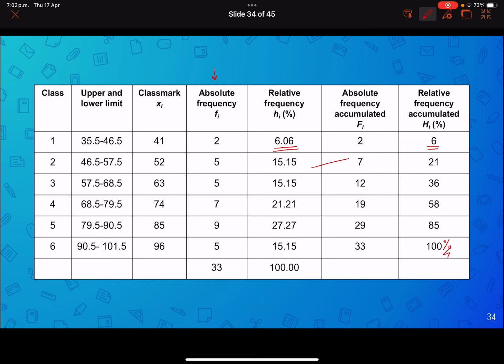So 6 plus 15 gives me a 21. 21 plus 15 gives me a 36. 36 plus 21 gives me a 58. 58 plus 27 gives me an 85. And 85 plus 15 gives me around 100%. So these 2 tables are accumulating.